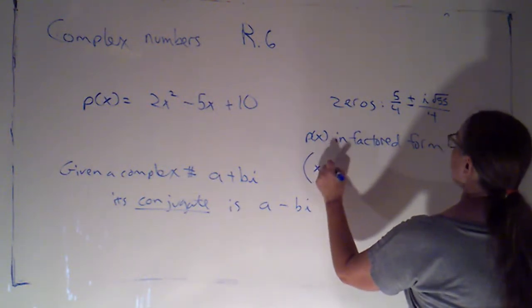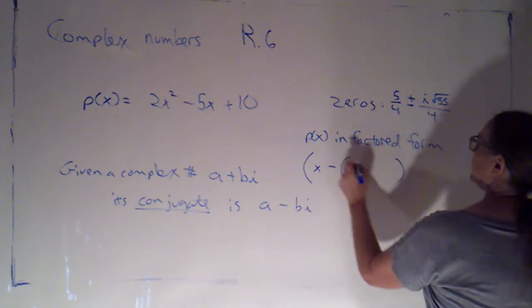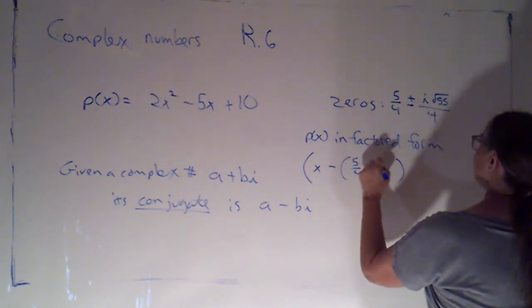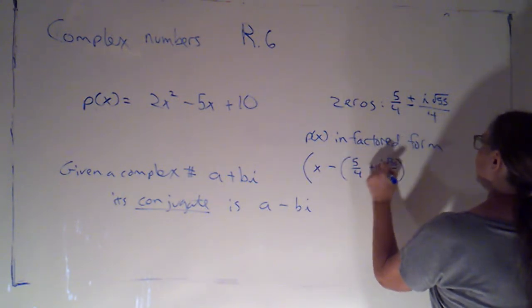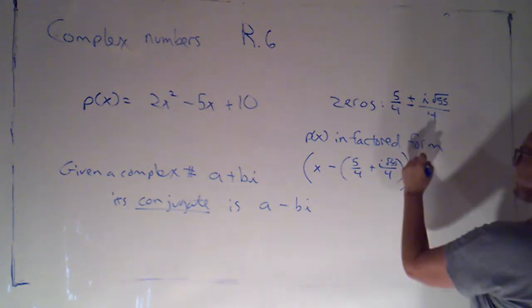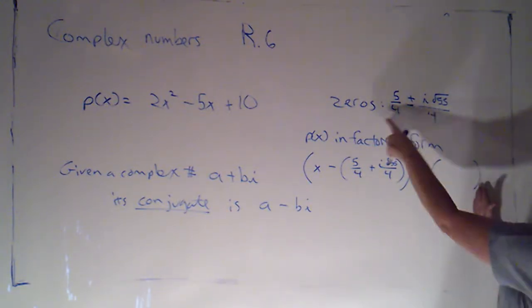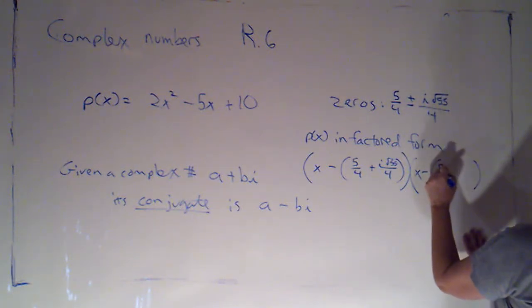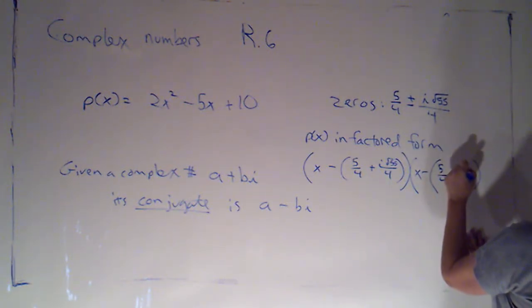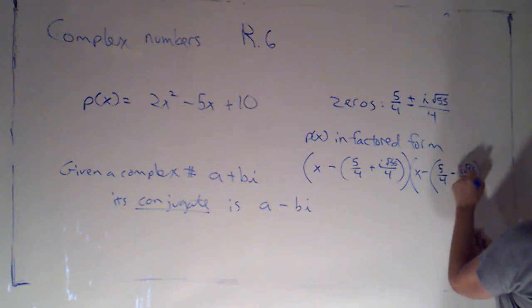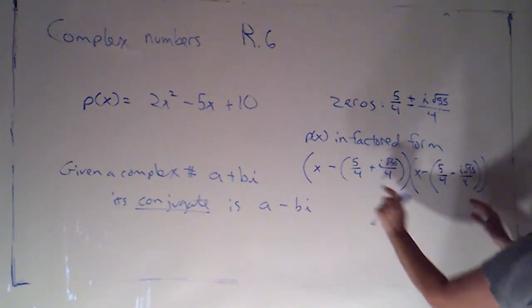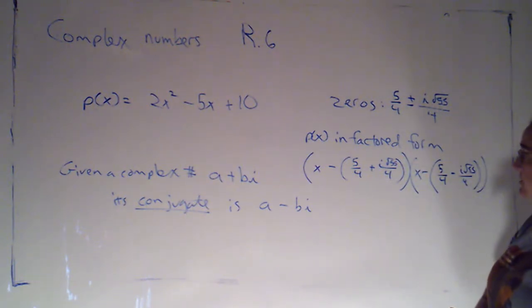So we're going to have x minus, now be careful, 5/4 plus i root 55 over 4 is one factor, and x minus, I'm putting the whole zero in parentheses because it has two parts to it, 5/4 minus i root 55 over 4. Those are two of my factors.